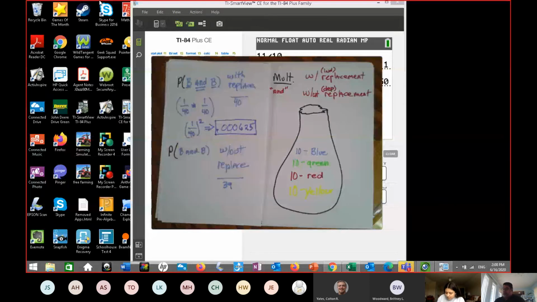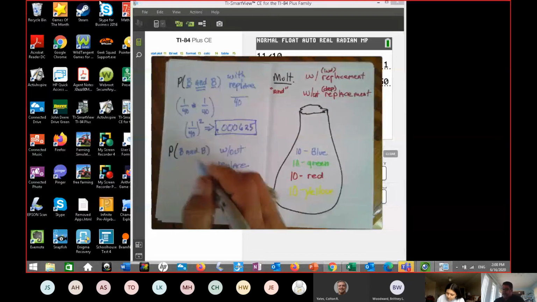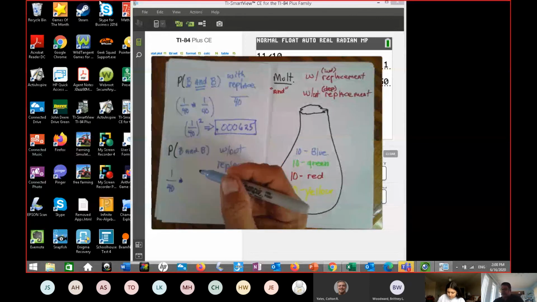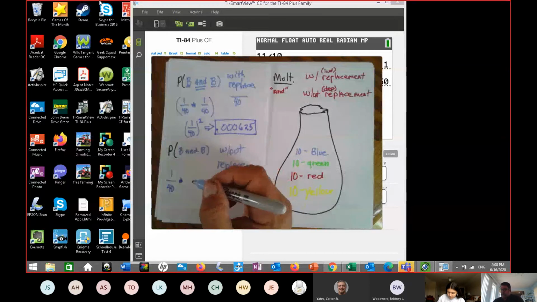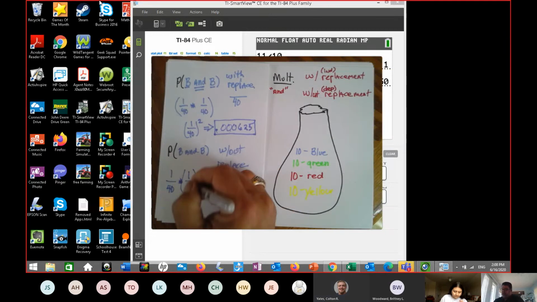Okay, now, with the first pick, without replacement, you pick 1 over 40 times, what's the next draw? It is 1 over 39. Now somebody multiply those two together and tell me what you get.